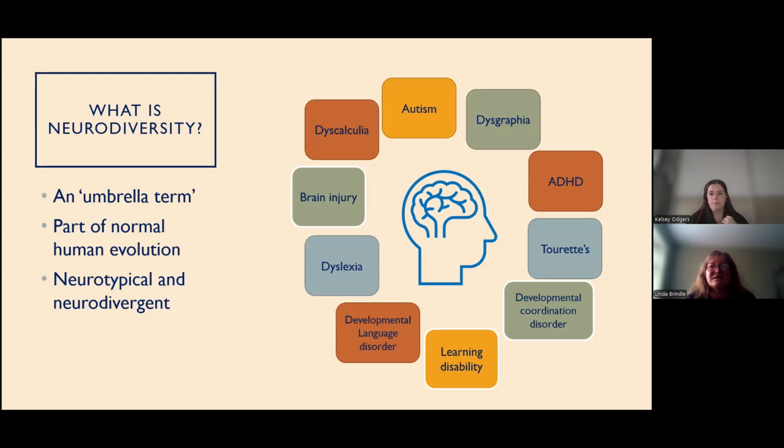It includes conditions that people were born with, including autism, ADHD, Tourette's, learning disability, and a range of learning disorders that Kelsey's going to talk about later when we think about the diagnostic criteria for some of these. But neurodivergence also refers to people whose brain works differently due to illness or injury. So illnesses of the brain might include things like epilepsy or brain injury. So we thought it was important just to explain the breadth of what neurodiversity covers before we move on to other things.